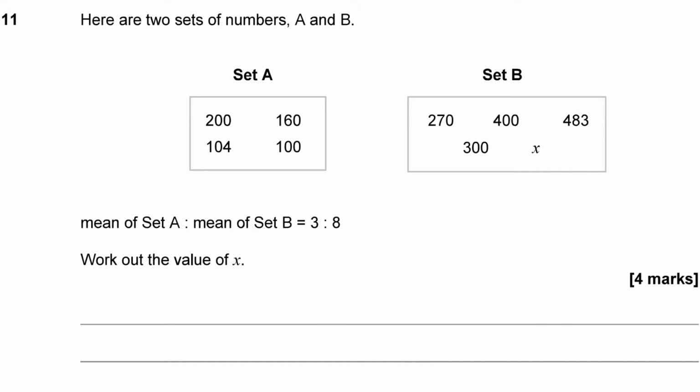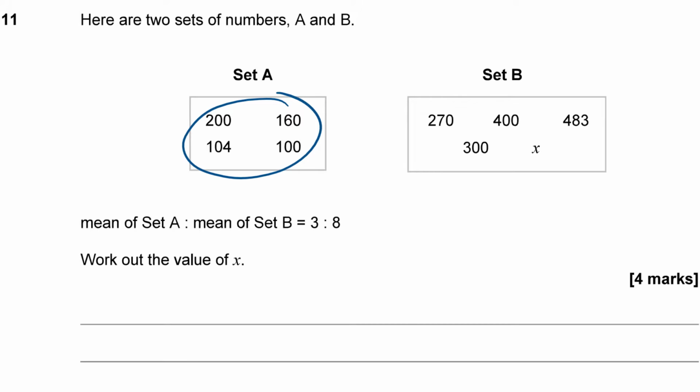Here are 2 sets of numbers A and B. The mean of set A to the mean of set B is 3 to 8. Work out the value of x. Okay, so this is going to be a several step problem. First off, we're going to have to find out what the mean of this is.